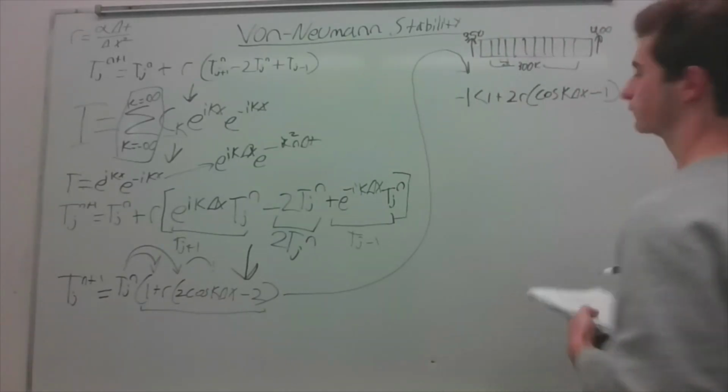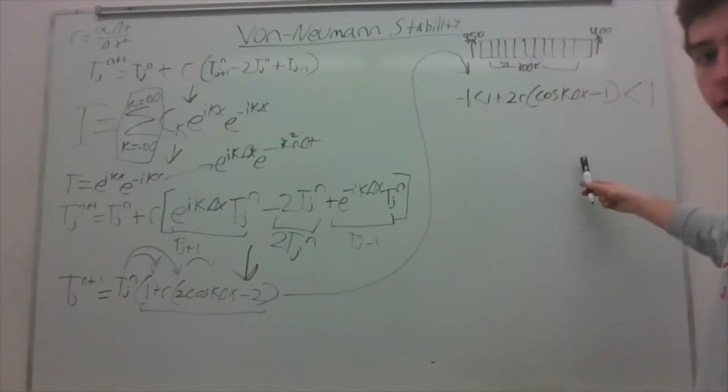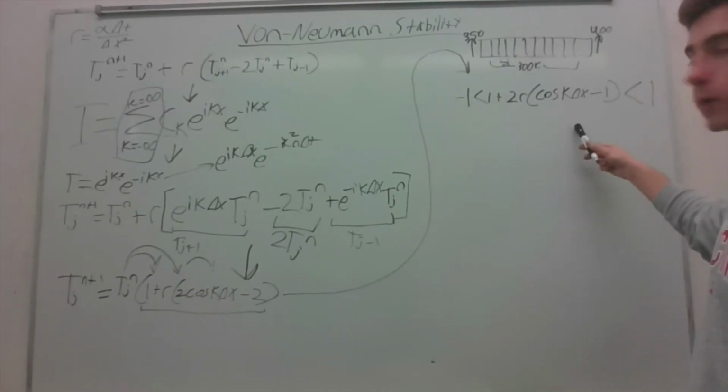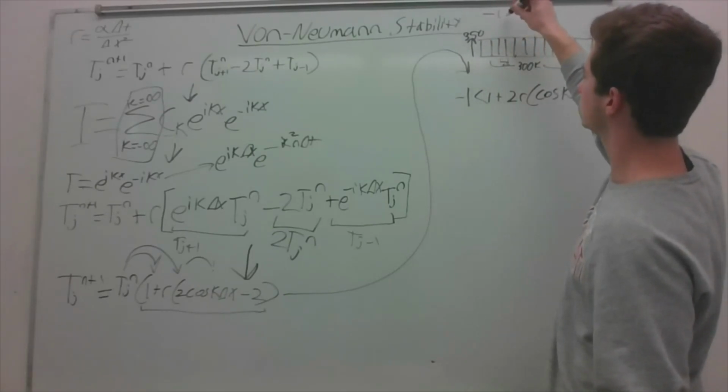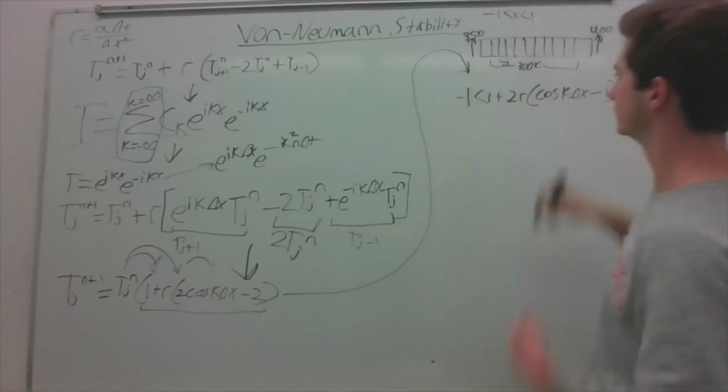Okay, perfect. So this is the interval that we begin with. The von Neumann stability test begins from -1 to 1.